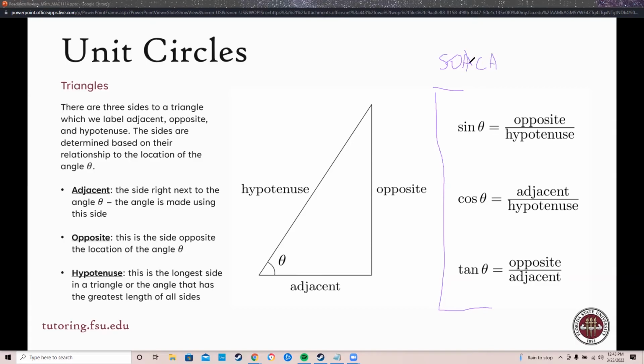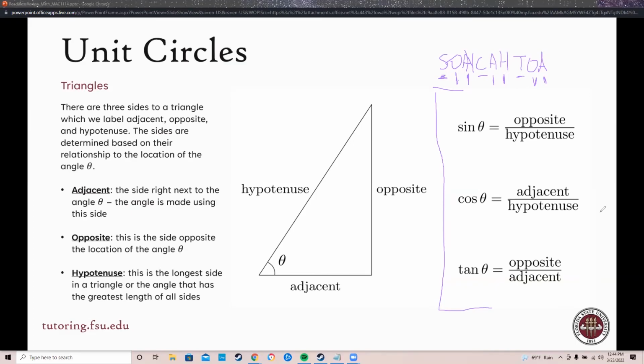Oops, this is H, not A. So the way you read SOH CAH TOA is that if I'm referring to the sine trig function S, then it's opposite over hypotenuse. If I'm referring to the cosine trig function, it's adjacent over hypotenuse. And then I haven't talked about it, but tangent right here, if I'm referring to the tangent trig function, it's opposite over adjacent.